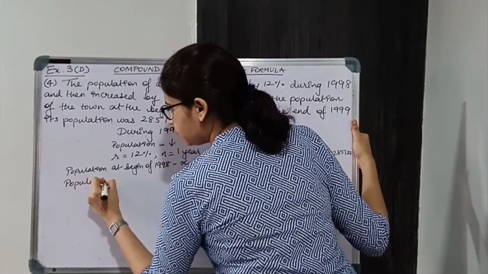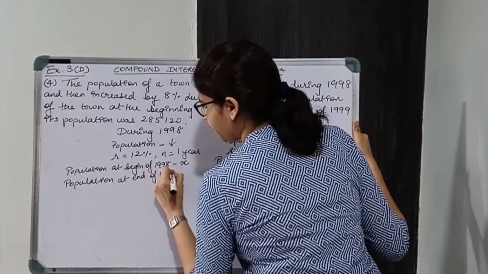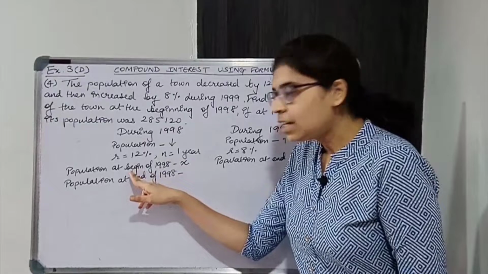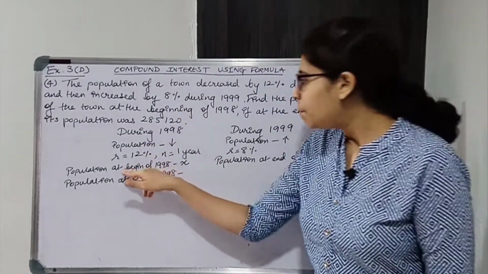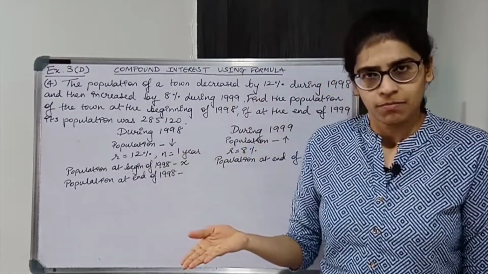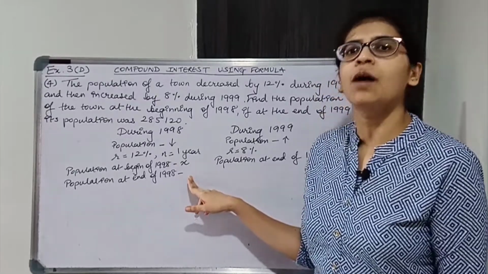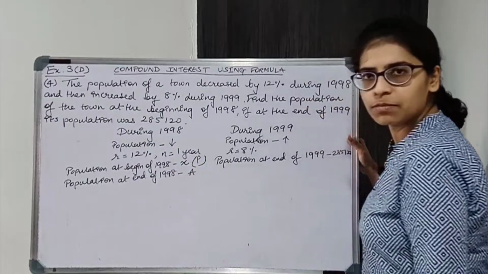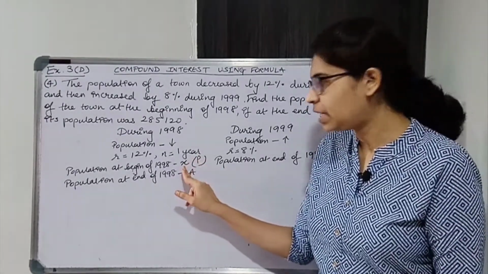Beginning means before, end means after. Beginning is always principal, end will be amount. So this is principal and your amount. Amount you need to find and principal will be x.